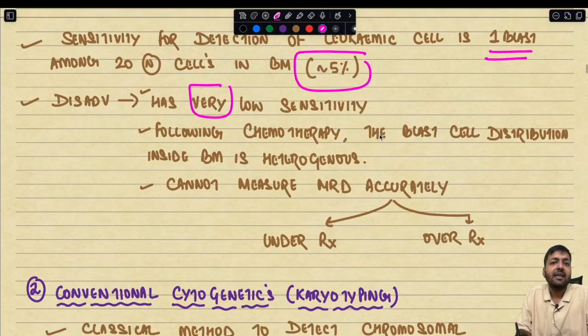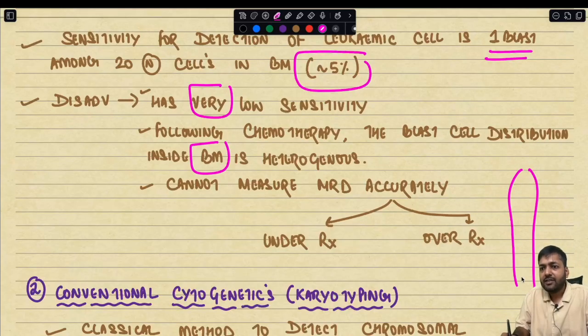Secondly, following chemotherapy, the blast cell distribution inside the bone marrow can become heterogeneous. Suppose this is a bone marrow and the blast cells are located over here, and you have taken the sample from this location, then in that case it might be false negative. You can falsely label the person as MRD negative.